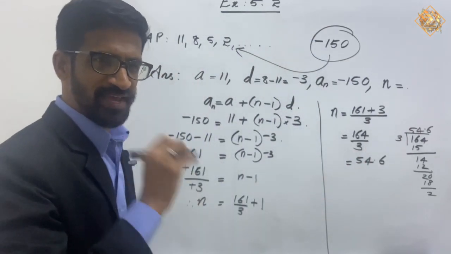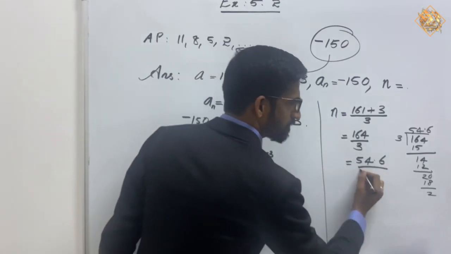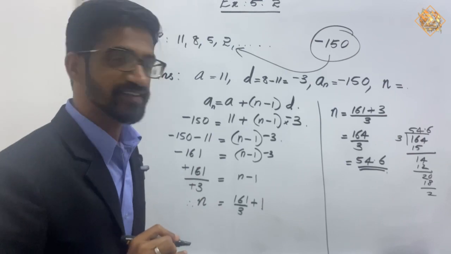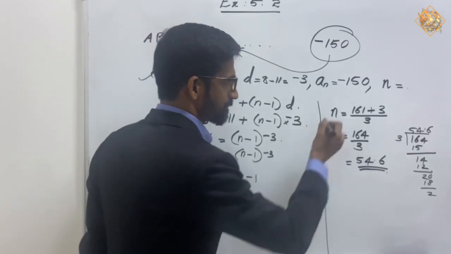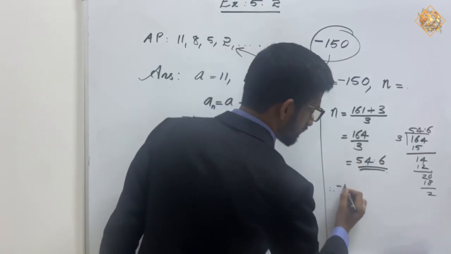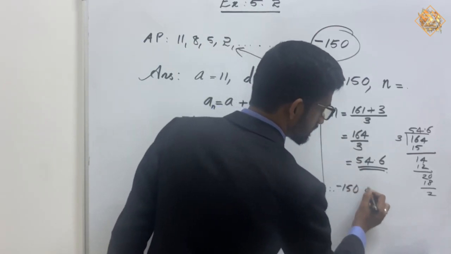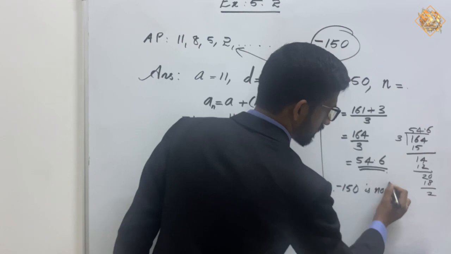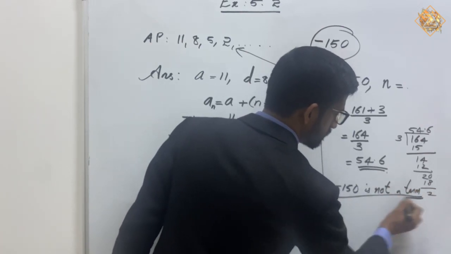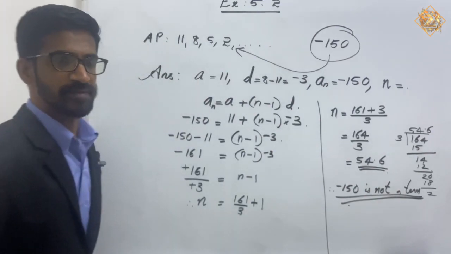The value of N here is 54.6, which is not an integer, which is not a positive integer, isn't it? So we can say that therefore minus 150 is not a term of the AP. Not a term of the given AP.